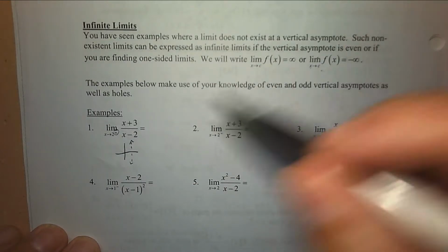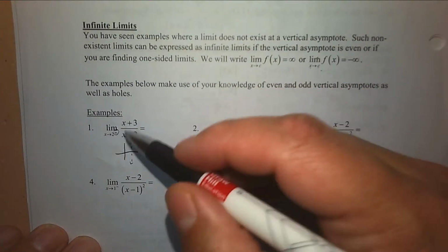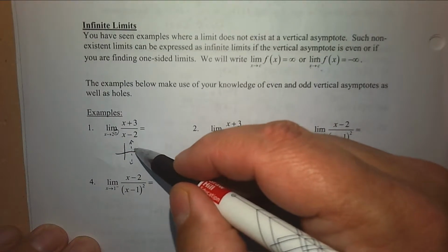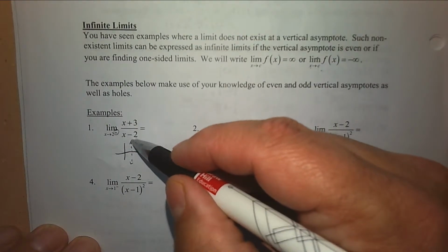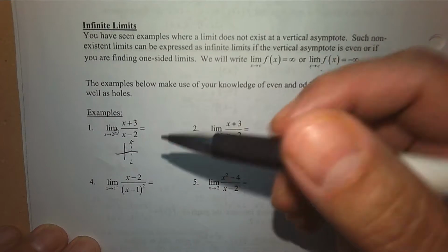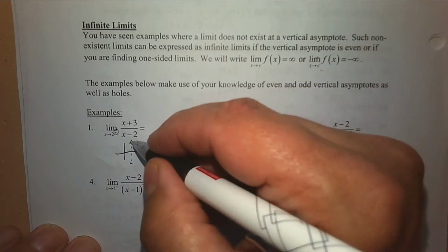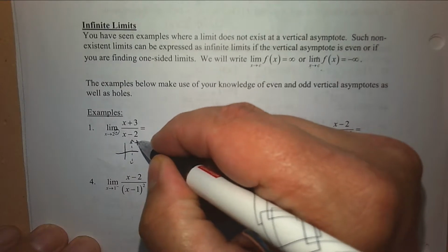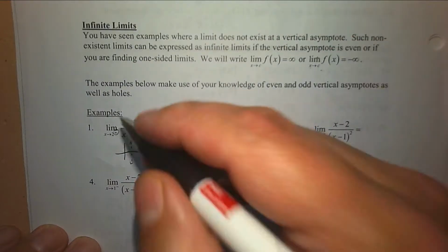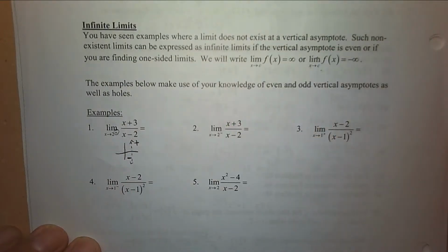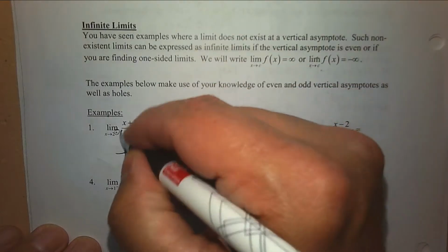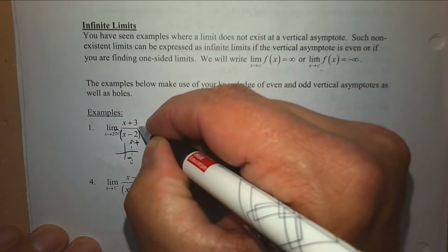So the best way to understand this is to plug in a number larger than 2 and see if the answer is positive or negative. So if you plug in a number bigger than 2, is the answer positive or negative? That means the right side is going to positive infinity, while the left side is going to go to negative infinity. Why? Because what exponent there that you don't see? 1.